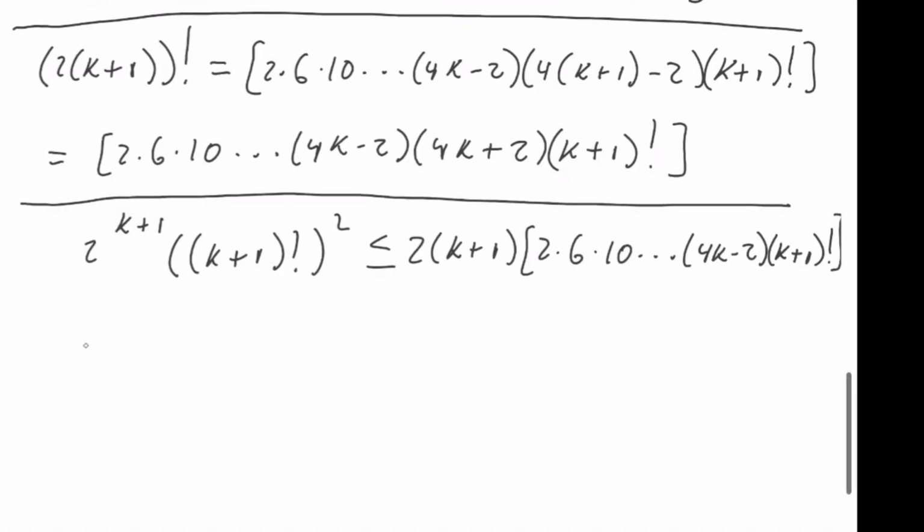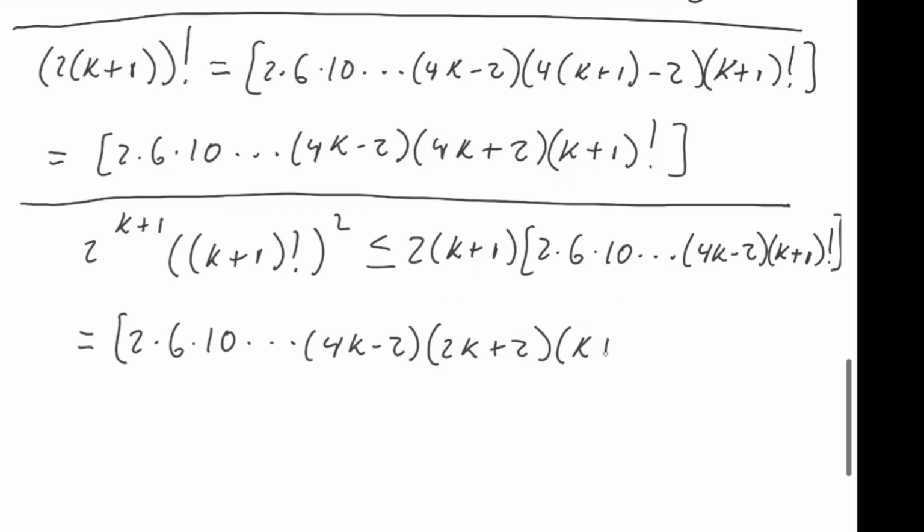So this is equal to 2 times 6 times 10, dot, dot, dot, 4k minus 2. And then I have this 2k plus 2, if I do 2 times k plus 1 and put it in there. And then I have k plus 1 factorial.